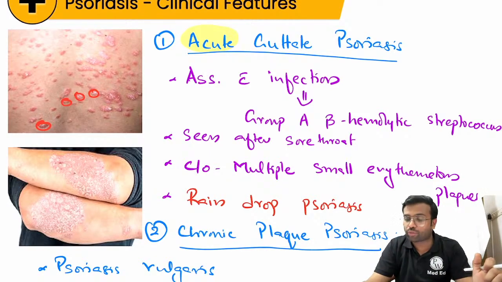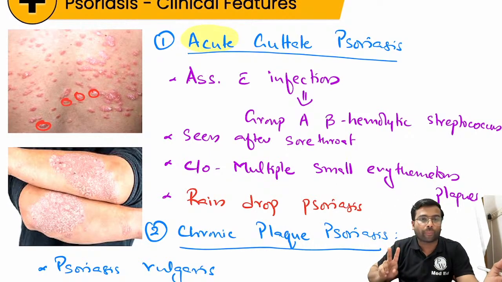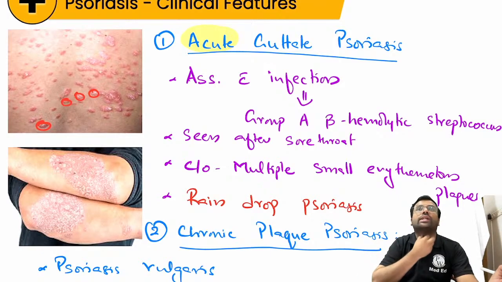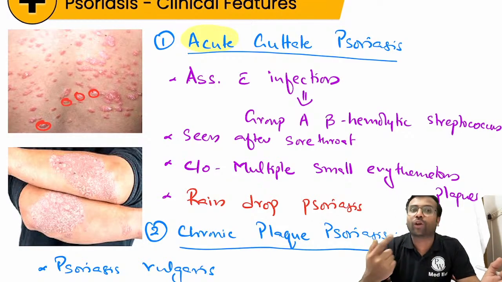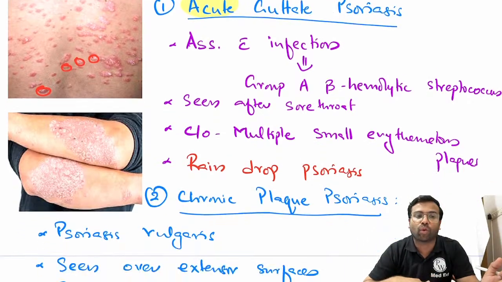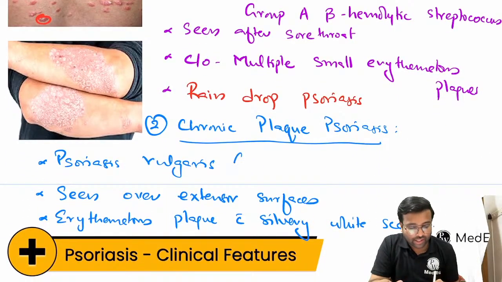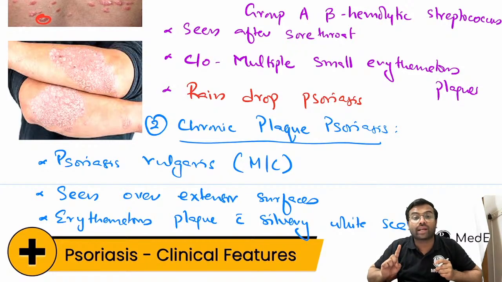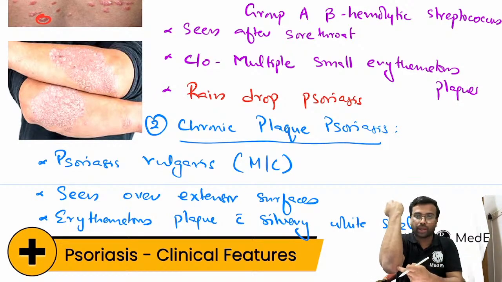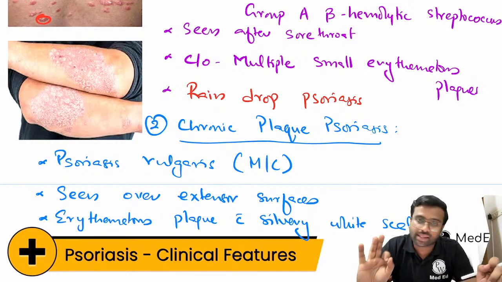What are the 4 types of plaque psoriasis? Acute form, acute guttate. It is associated with streptococcal sore throat. After acute, there is always a chronic. Chronic is the most common one. That is why we call it psoriasis vulgaris. Patient presents with erythematous plaque with a silvery white scaling.